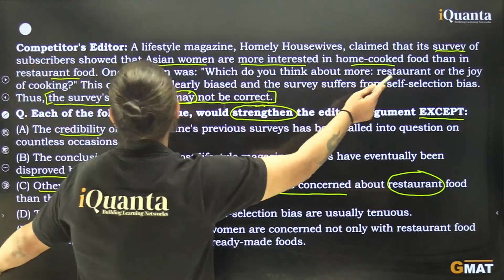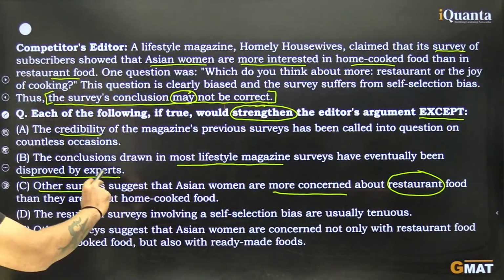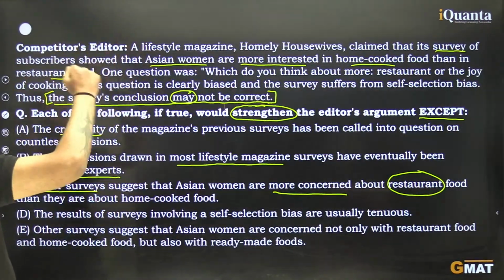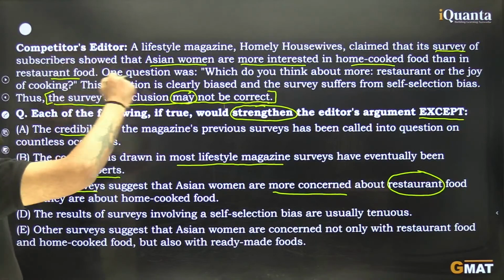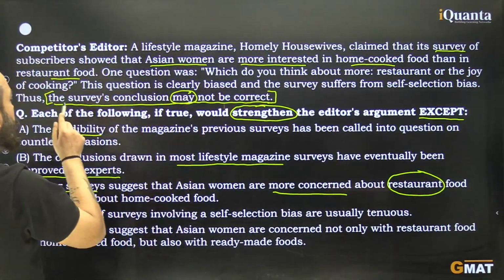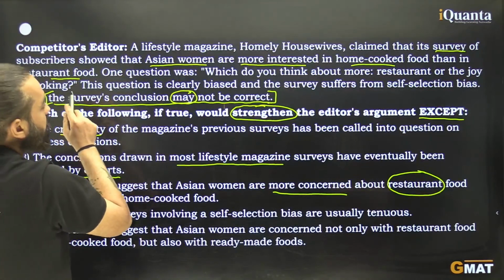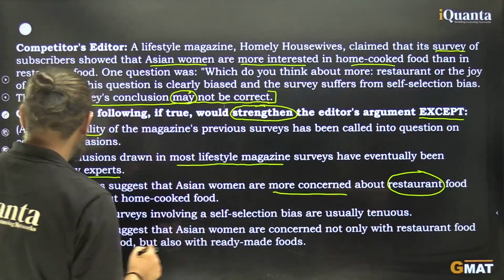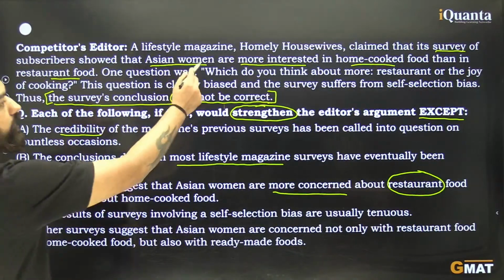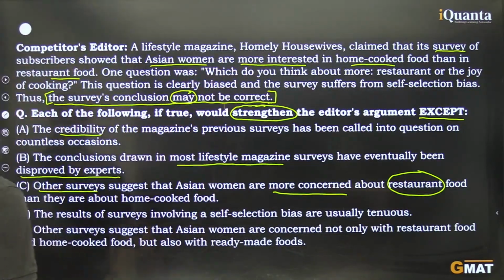More interested in home cooked food than in restaurant food. This is going absolutely against the entire premise. Since it's going against the entire premise, it is going with the survey. With the conclusion. The conclusion says the survey's conclusion may not be correct. This is quite contrary to what is being stated as the premise in the argument. Hence, this cannot be the right answer.